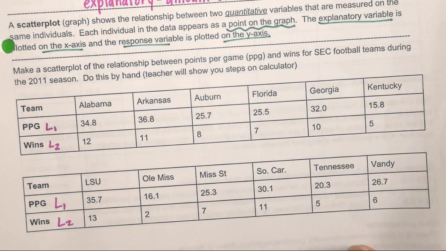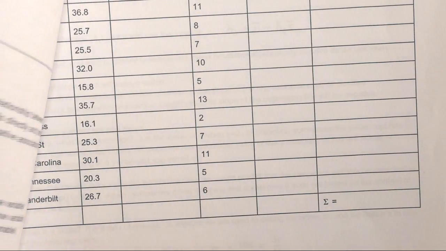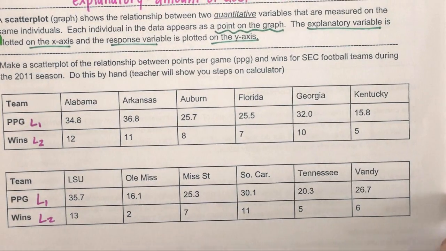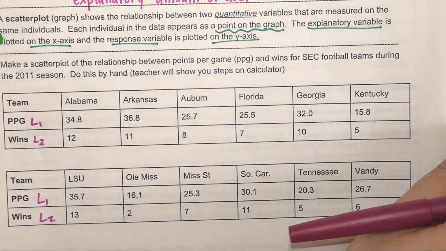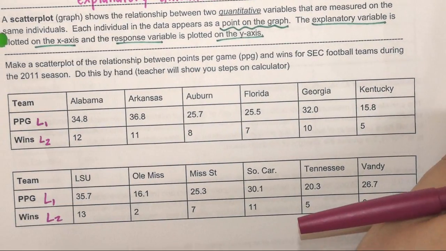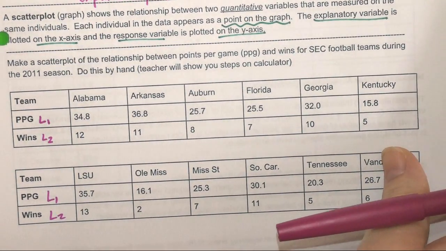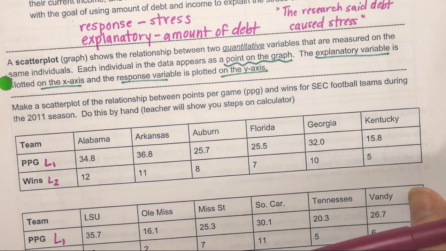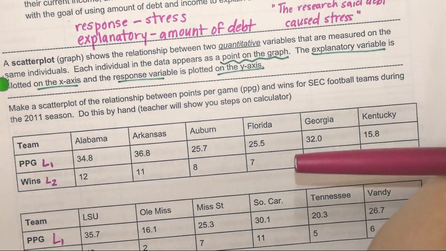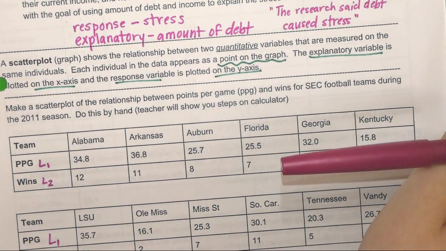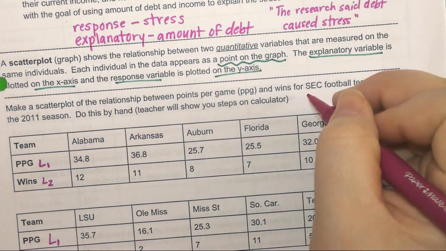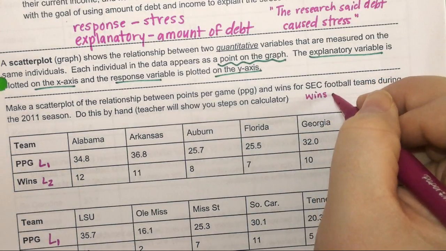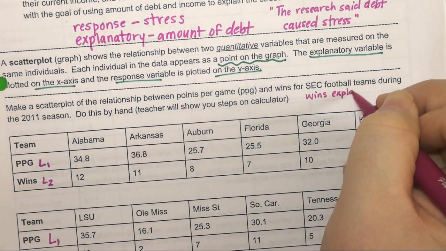They didn't even say, did they? You would think points per game is explained by the number of wins. Yeah. But I could also see wins are explained by the points you earn per game. Yeah, it's explained by the number of points, because if you don't get your points, you can't win.